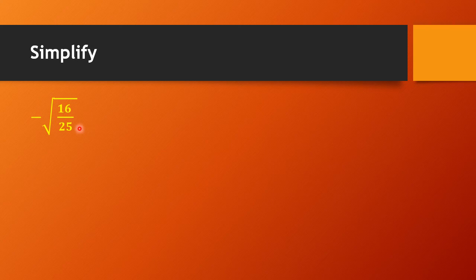Because 5 by 5 equals 25. So it equals negative square root of (4 over 5) power 2, equals negative absolute value of 4 over 5, equals negative 4 over 5.